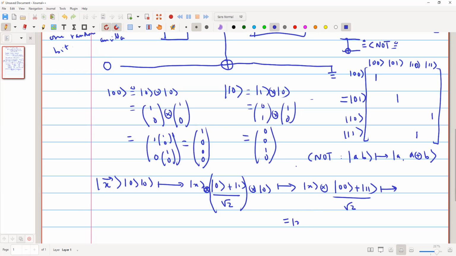So you can check that this will just become this. And now I have to tell you what this looks like. This will be, just multiply.